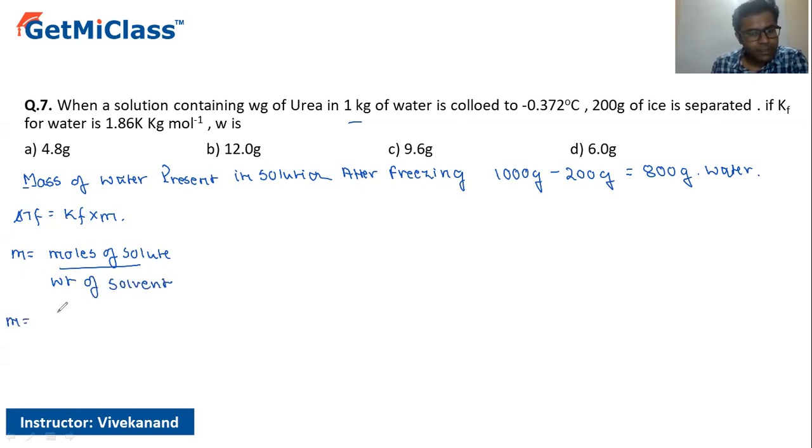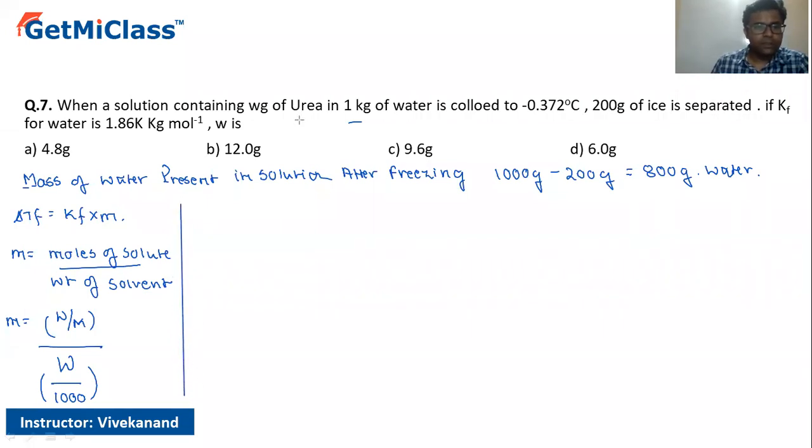So M is equal to W, the weight of solute, over M, the whole thing divided by the weight of the solvent divided by 1000, because we have to take it in the form of a kg. So let's take this and proceed further.